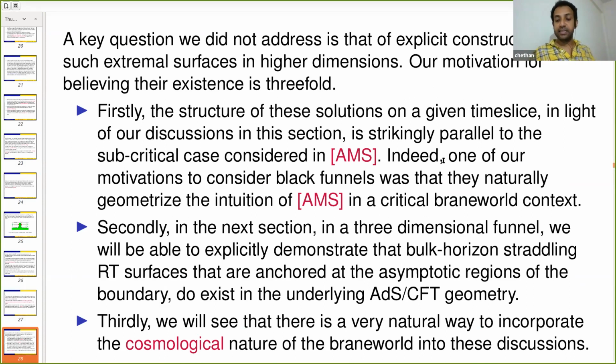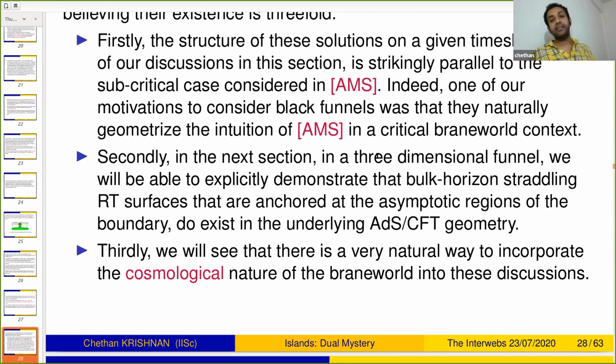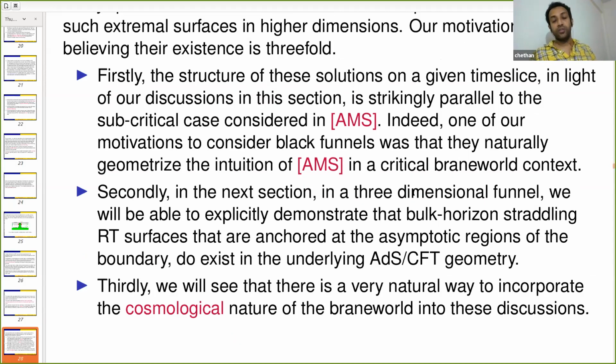The second thing is that in 3 dimensions we can in fact construct extremal surfaces which are very similar to the ones that we want in higher dimensions, which we can explicitly see because in AdS3 there exists an explicit analytic black funnel. Of course you might complain that in AdS3 there are no propagating gravitons, no interesting gravitons at all. But I can't really defend that.